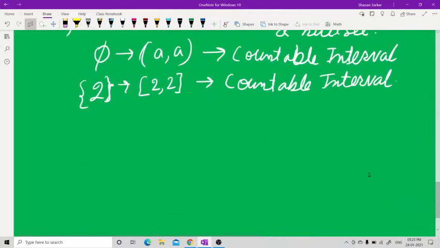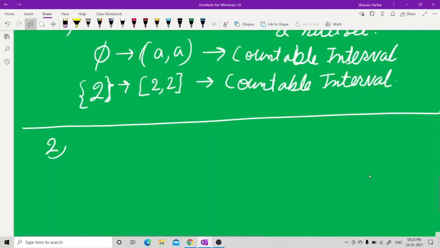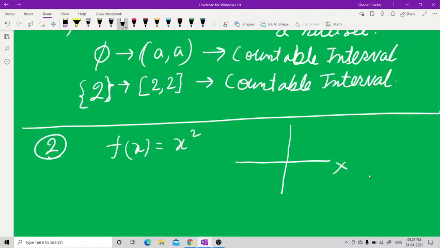Yes, we have the next graph. Number two graph. See, f(x) equal to x square. So the graph would be plotted this way. This is your x-axis, this is your y-axis, and this goes like this. How did I plot?